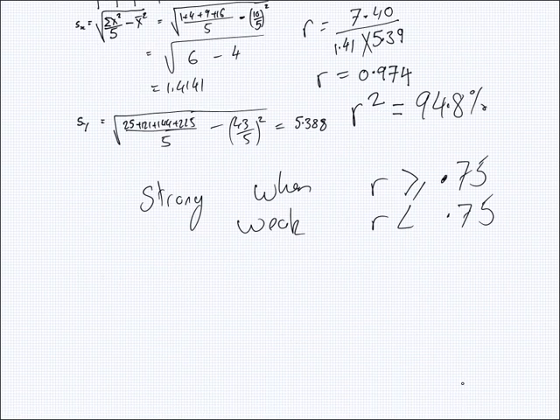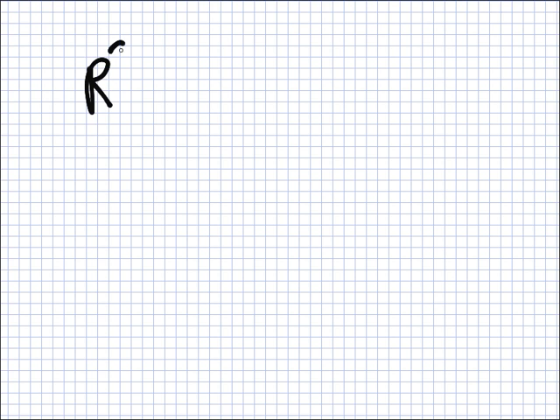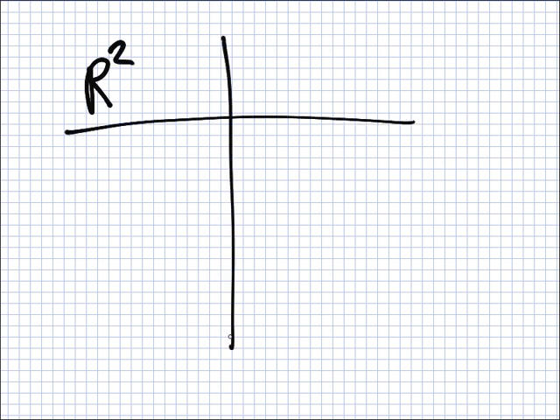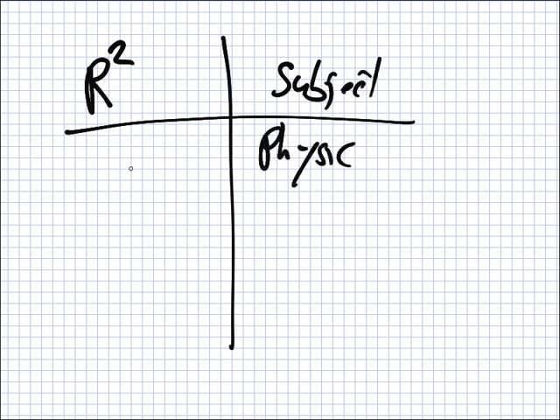Can I scroll down? So, the values I'm giving you are values when you start to consider R squared to be good. So for example, if you're doing something like physics, you want to have something like 0.95 for R squared.